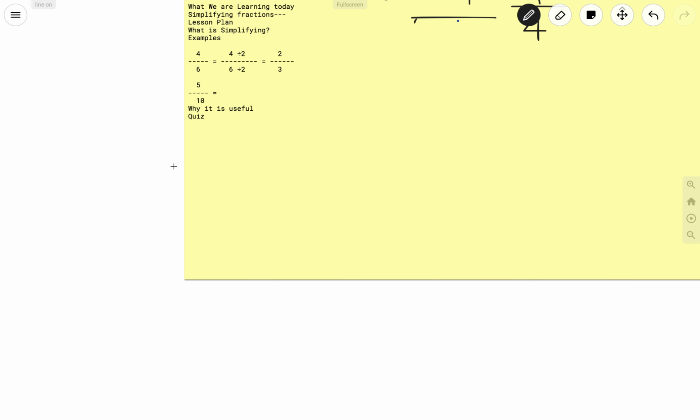Okay, let's get started. So, what is simplifying? Well, 4/6, right? Let's just say you had the pizza last night. It has 6 pieces. Your family ate 2, which is not that much to be honest. But there it is.